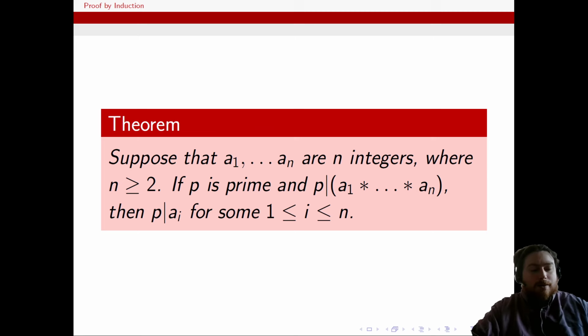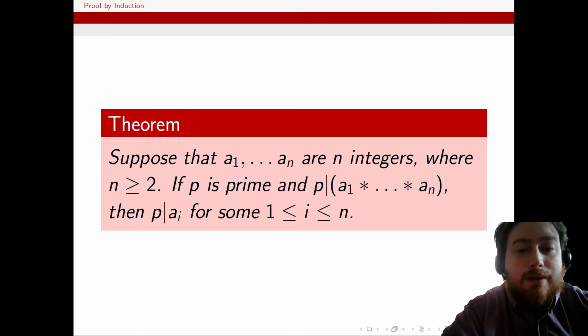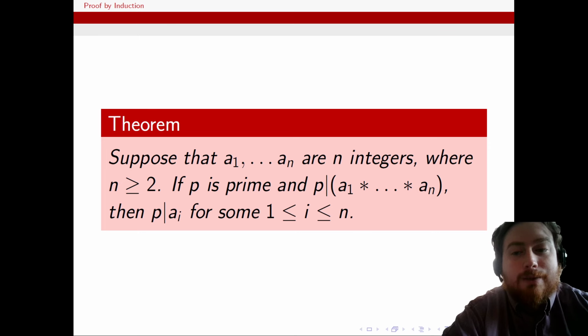So now what I'm doing here is showing that, if I have an irreducible number, meaning that if it's written as the product of two numbers, it's only one and itself, then if it divides a product of terms, it has to divide one of the terms.